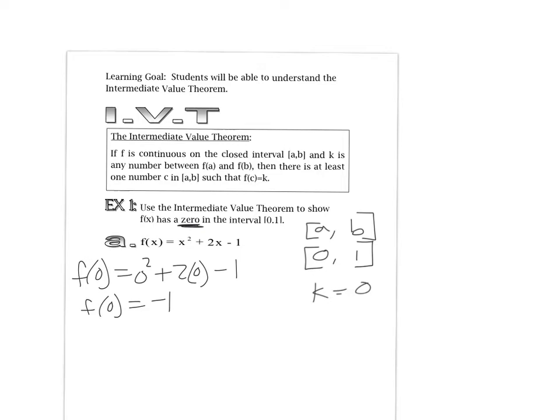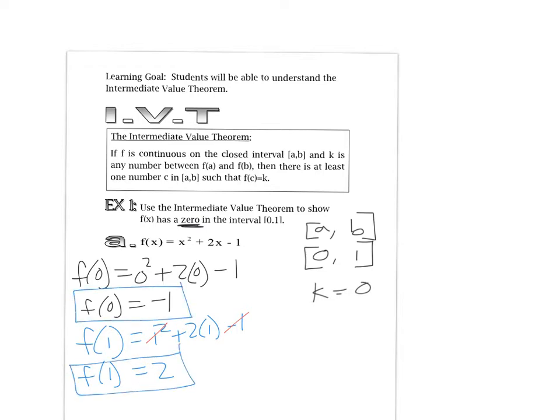Let's find f of b, which is f of 1 as well. So f of 1 would be 1 squared plus 2 times 1 minus 1. These guys just kind of cancel each other out. So we got that f of 1 is 2.